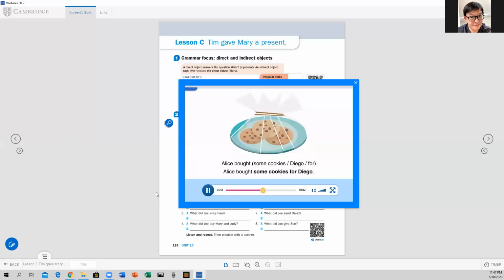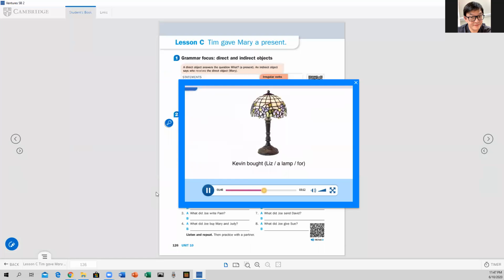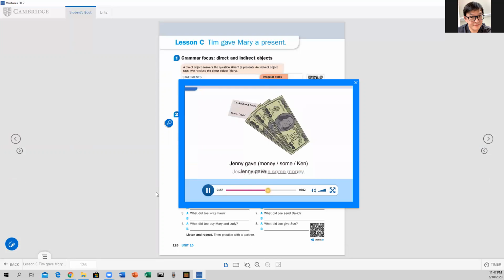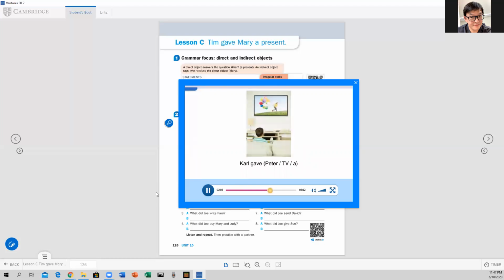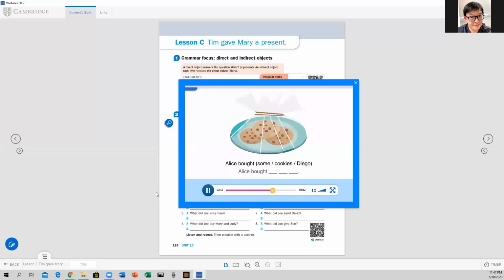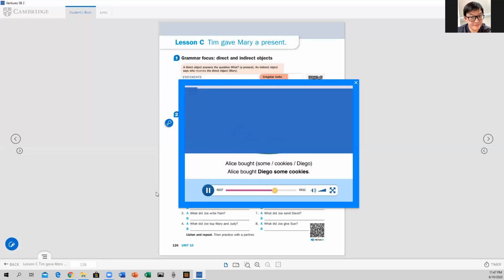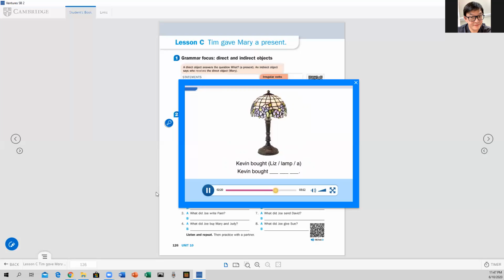Alice bought some cookies for Diego. Kevin bought a lamp for Liz. Jenny gave Ken some money. Carl gave Peter a TV. Alice bought Diego some cookies. Kevin bought Liz a lamp.